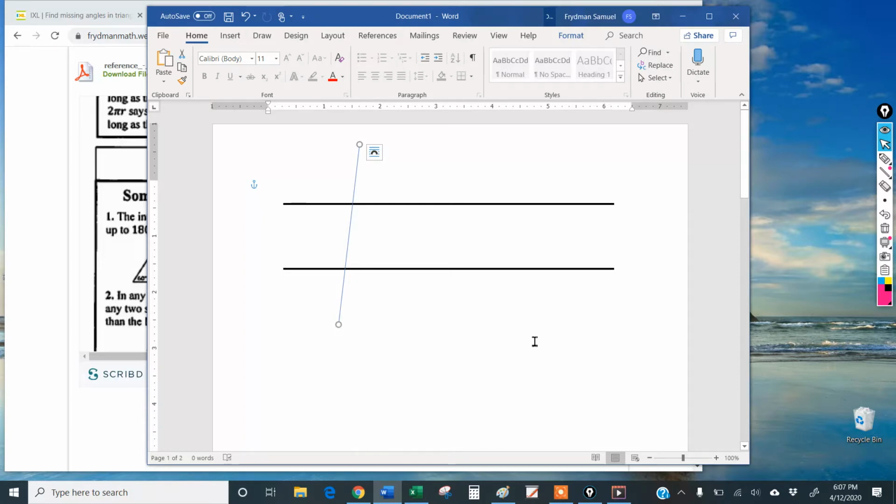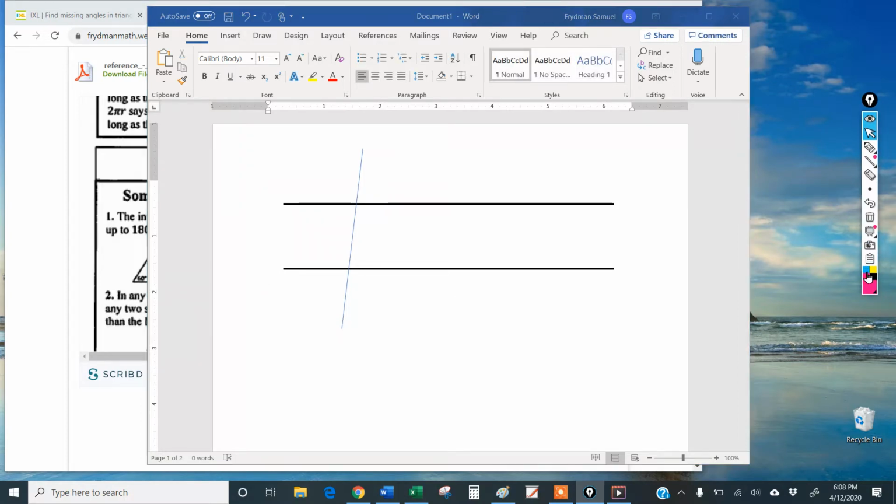A fancy word for that is a transversal. So a line that cuts two parallel lines is called a transversal. But one interesting thing that you'll notice about a transversal is that, let's say I wanted to look at this angle right over here and this angle right over here.